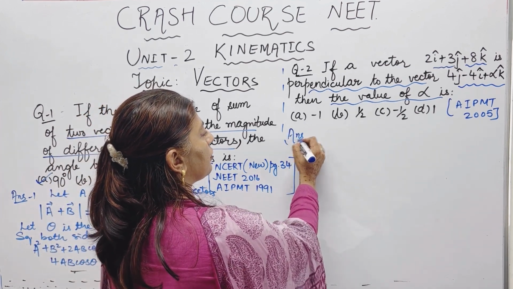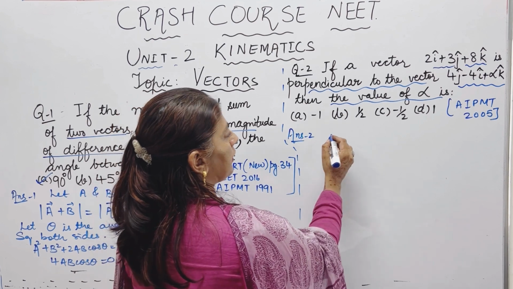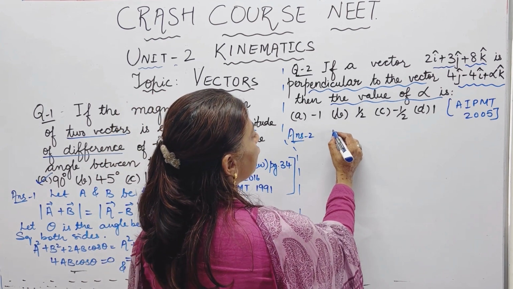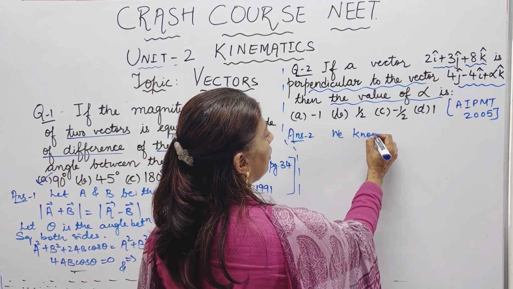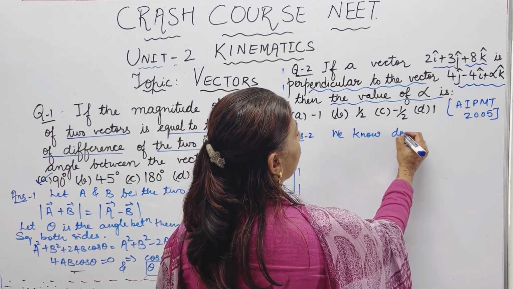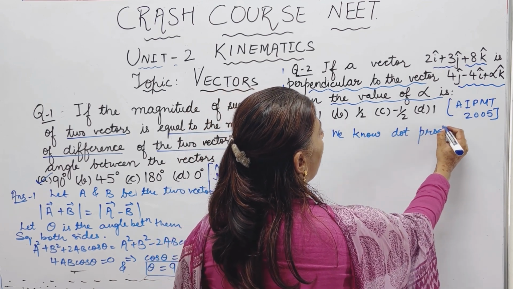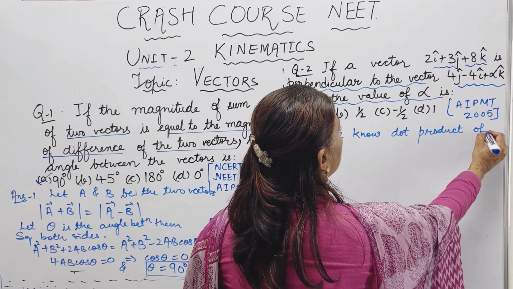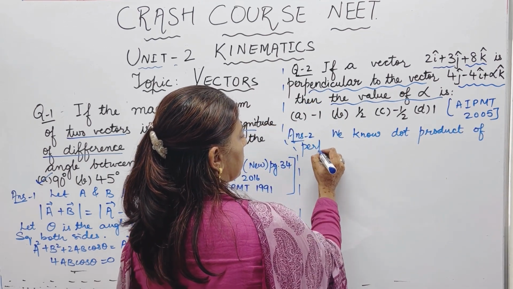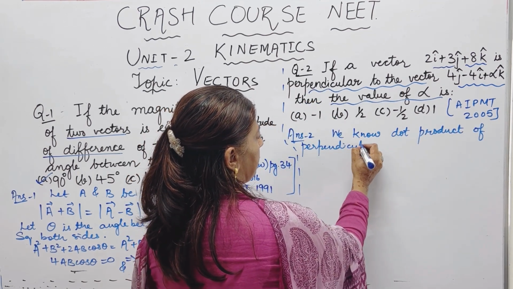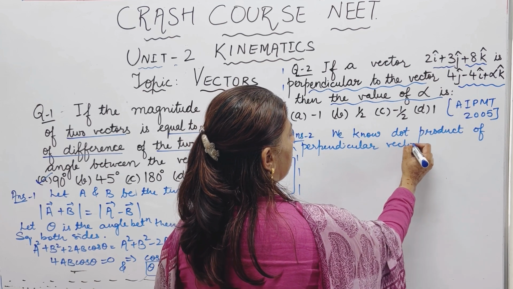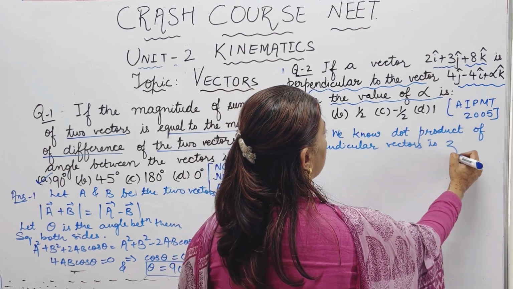So for question number 2, we'll write down, we know dot product of perpendicular vectors is 0.